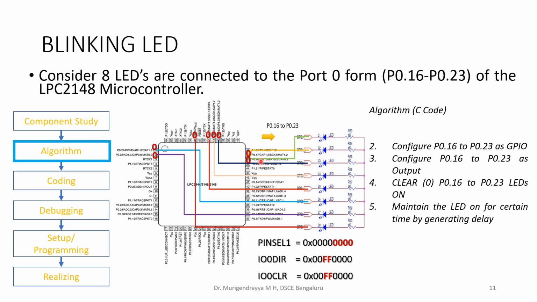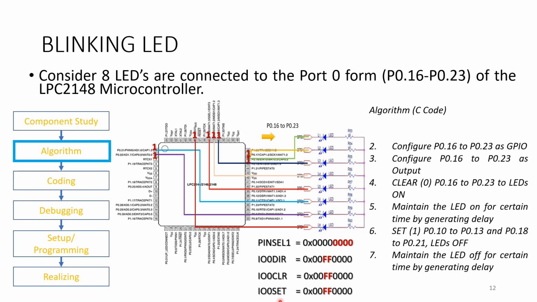To make logic 1 on the pins, we use the register called IO0SET. If the respective bit of the IO0SET register is 1, then the respective pin, for example pin 16, will be 1. So if those bits are 1, then the respective pin outputs will be 1.